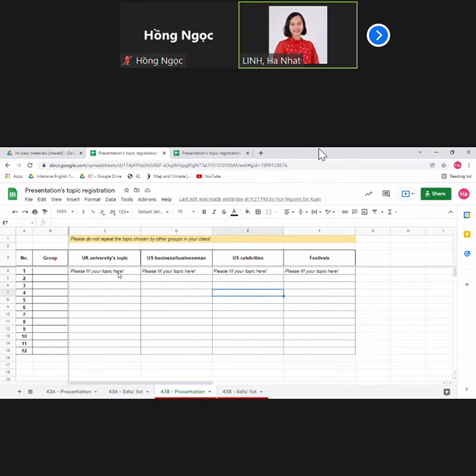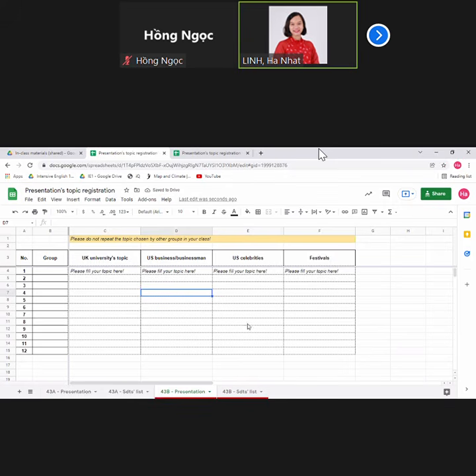Understand? For example, for UK universities, I chose Oxford here, and then another group has to select another university, for example, Cambridge. Understand?